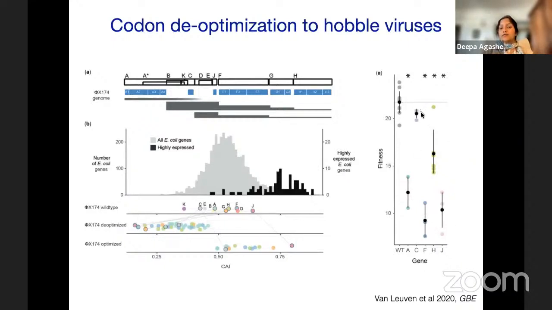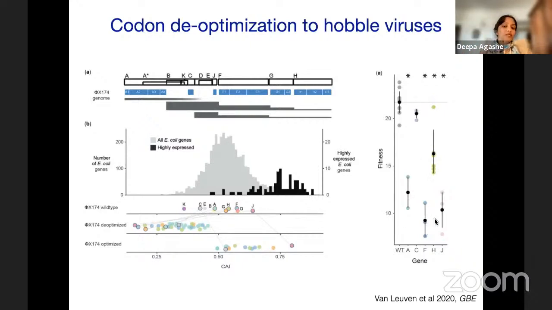So any kind of change in codon usage is making all of them worse in terms of infecting E. coli compared to the wild type phage. But some of these versions are better than others, right? So each dot here of the same color is showing you a different codon version of the same gene, right? And so this one happens to be optimized, and these are all de-optimized and similar.